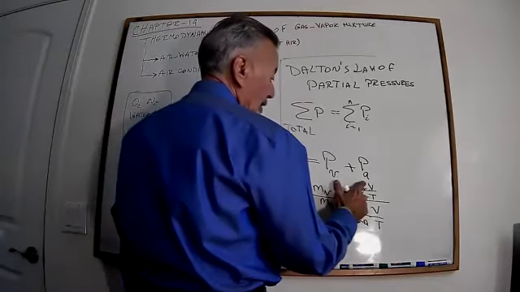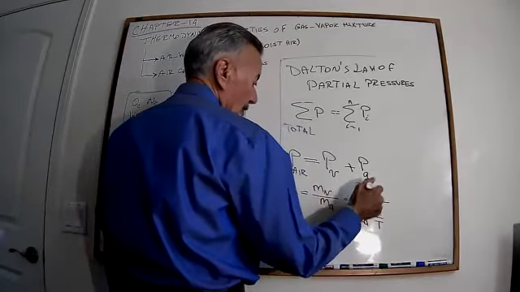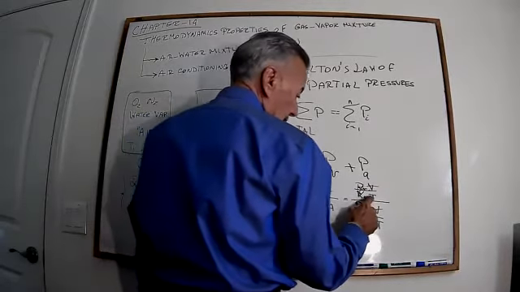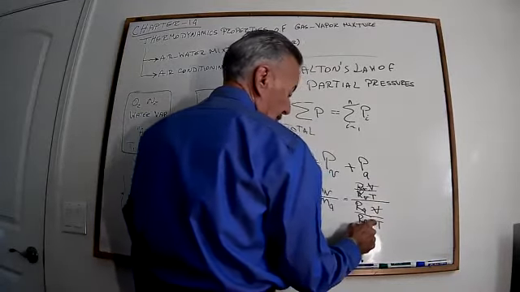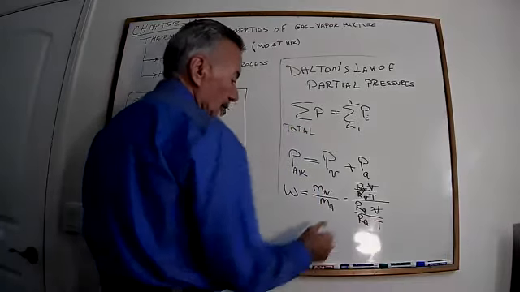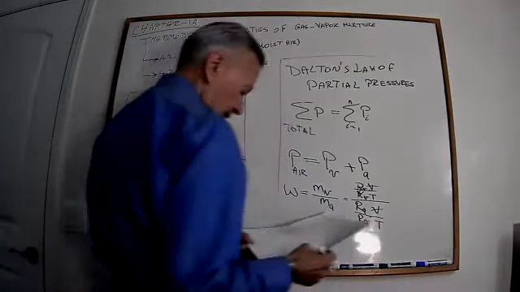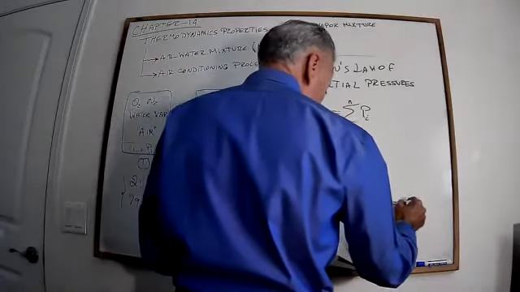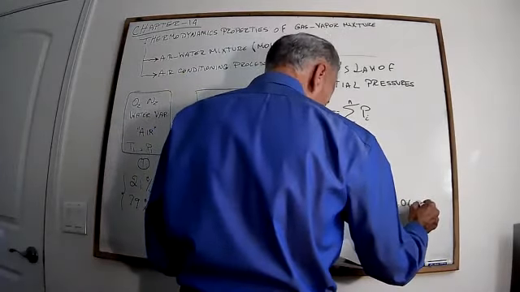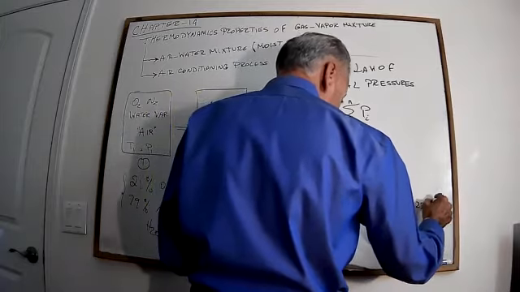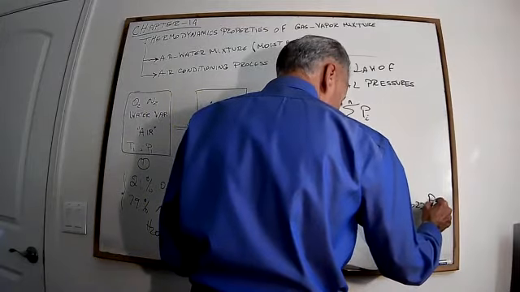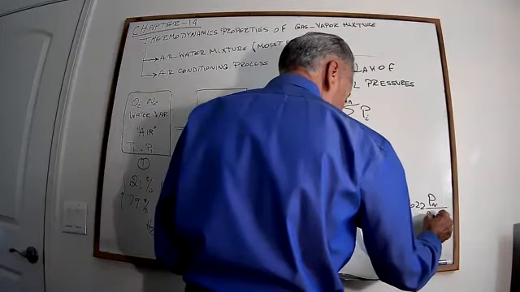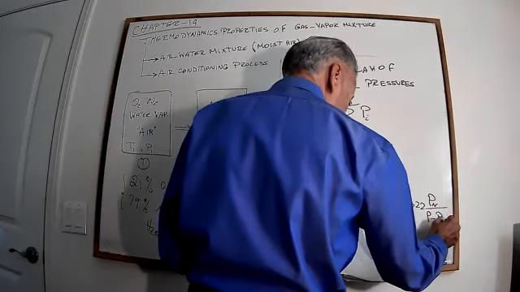If we keep the controlled volume and the temperature the same, this ratio changes, and omega becomes 0.622 times partial pressure of V divided by total pressure minus partial pressure of A.